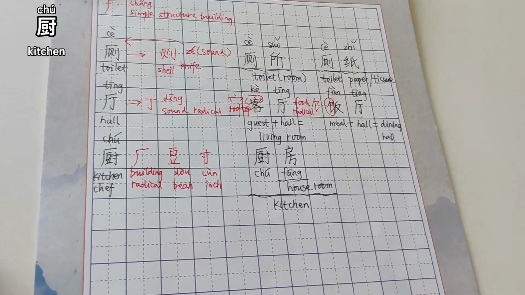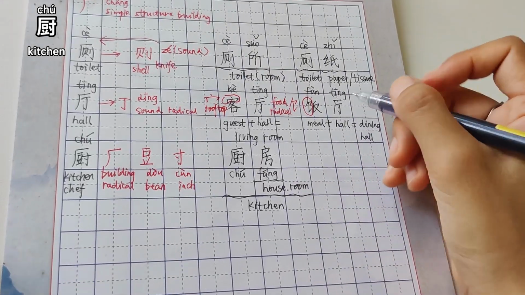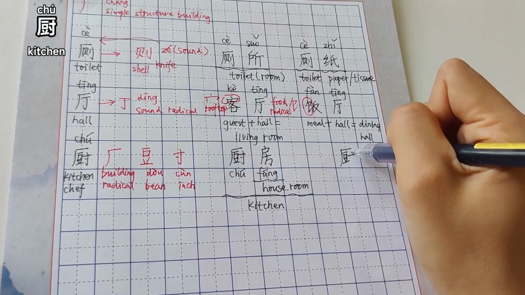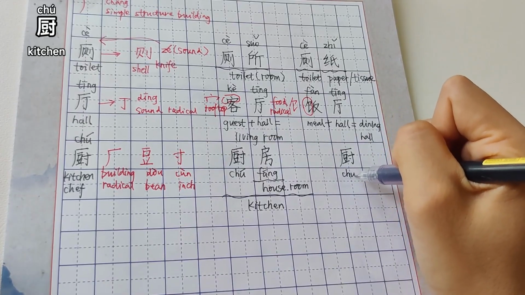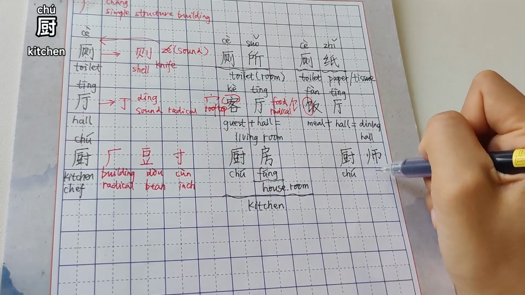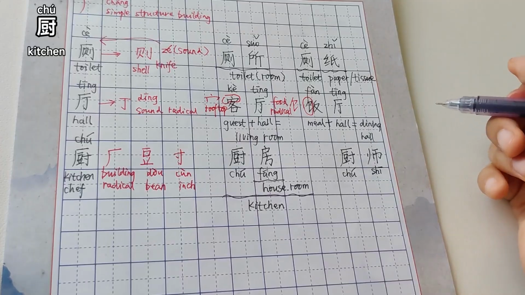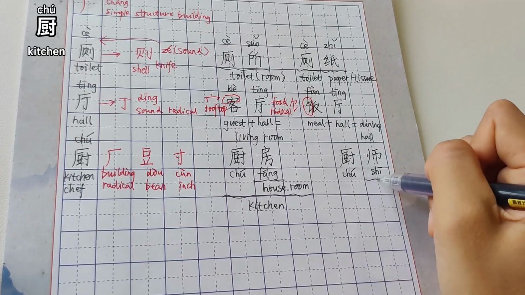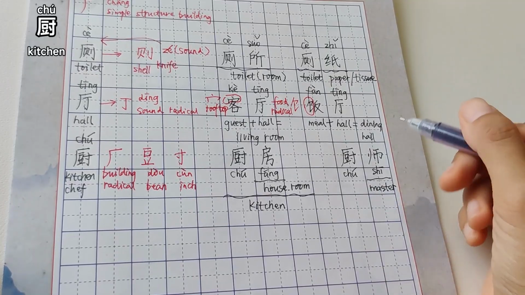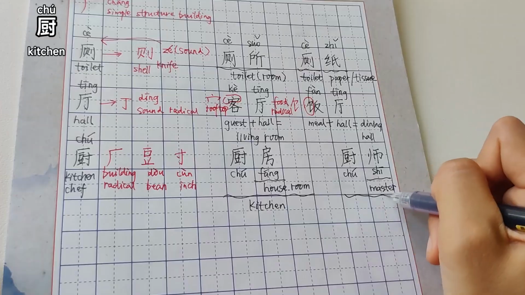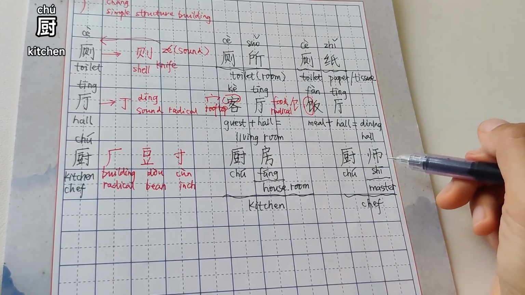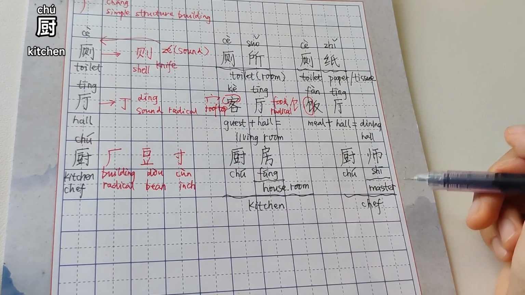Okay, and we have 厨师. The 师 right here means the master in the kitchen. That would be the chef. So 厨师 is the chef.